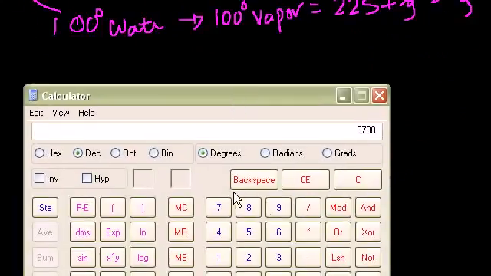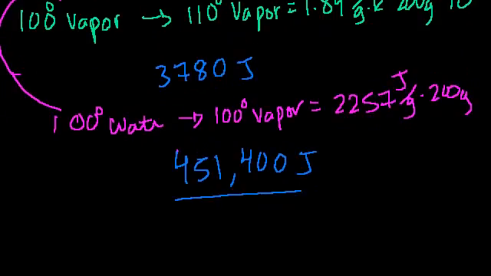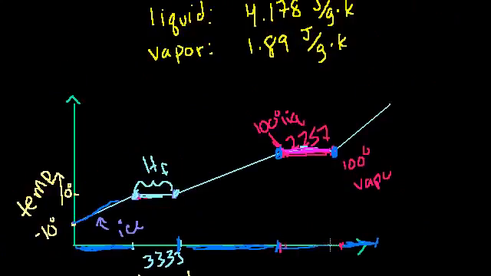Let's see, clear it out, 2,257 times 200 is equal to 451,400. I'll do it in that blue color. 451,400 joules.